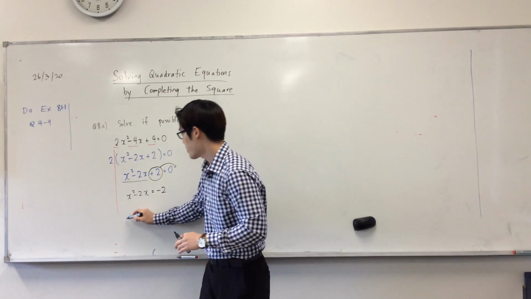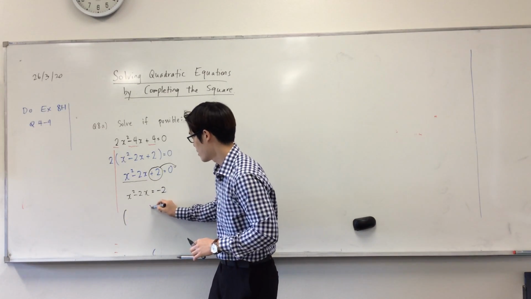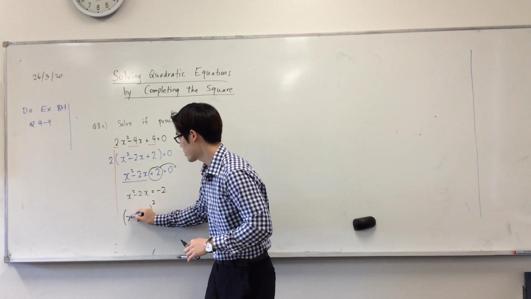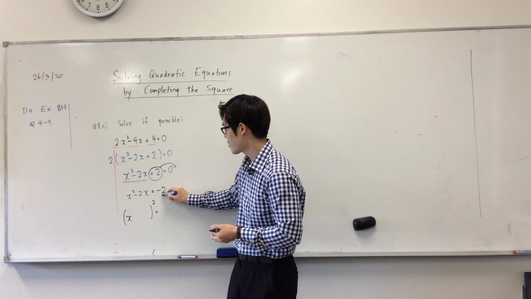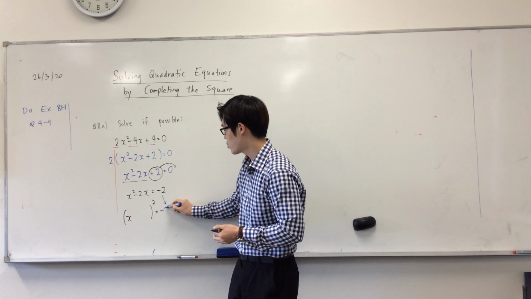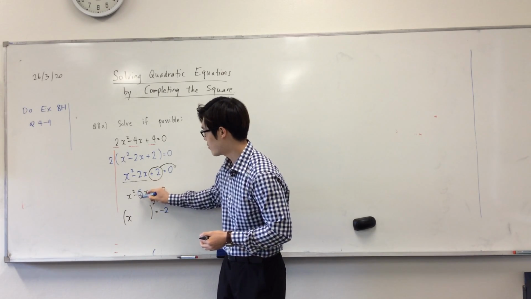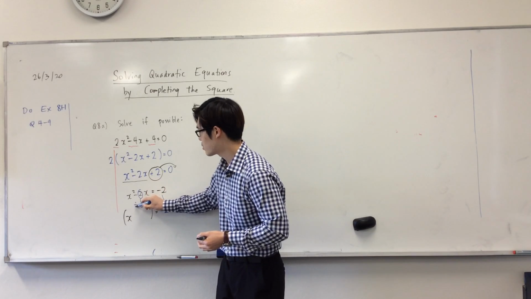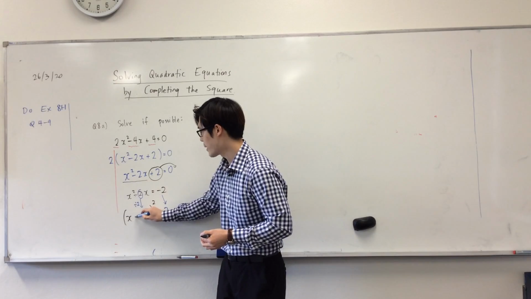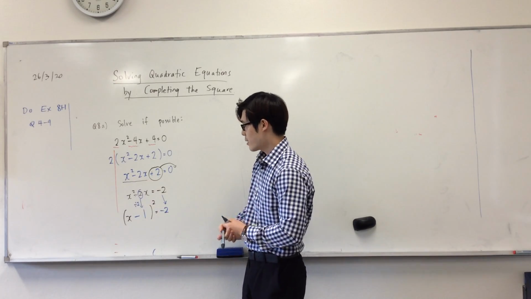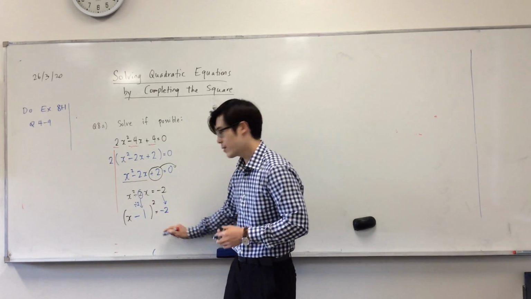And then remember the template, bracket squared, equals. Let's fill in the blank. Minus 2 is there, remember half of that, divided by 2, is 1, the sign is minus, so we put a minus there. Now, what did we also have to do after that?